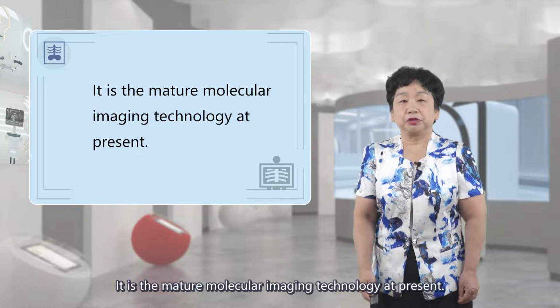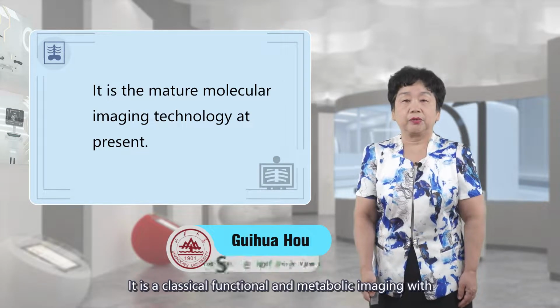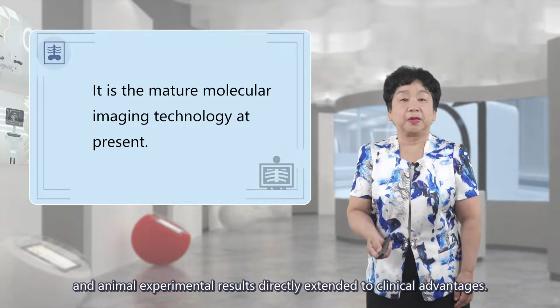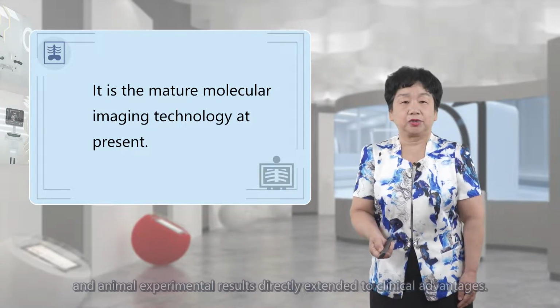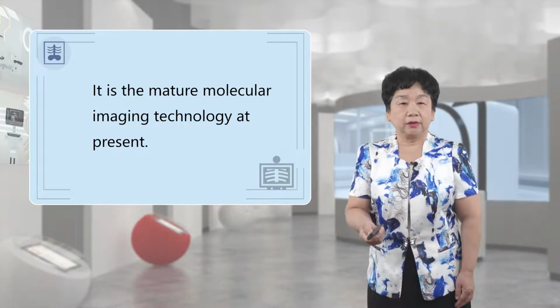It is a mature molecular imaging technology at present. It is a classical functional and metabolic imaging with high sensitivity, quantitative, and animal experiment results directly extended to clinic advantage. It is used in three areas.